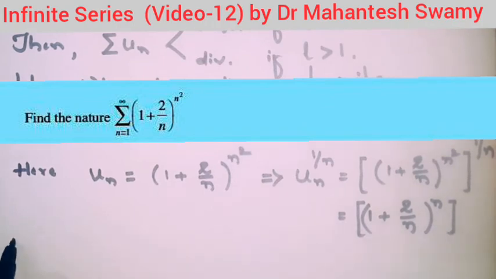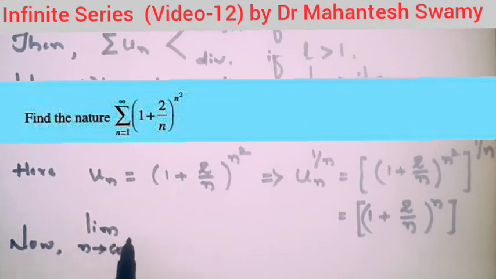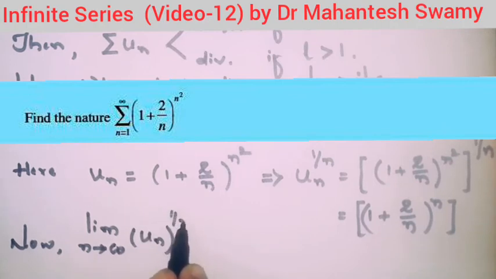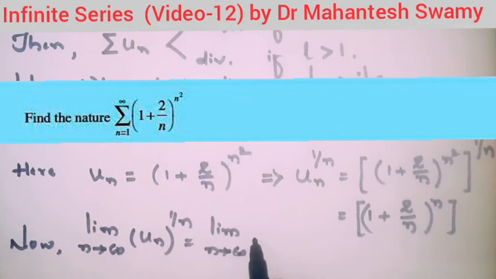Now we have to take the limit as n tending towards infinity of un to the power 1 by n, that is, this particular term. So it is the limit as n tending towards infinity of 1 plus 2 by n whole to the power n.